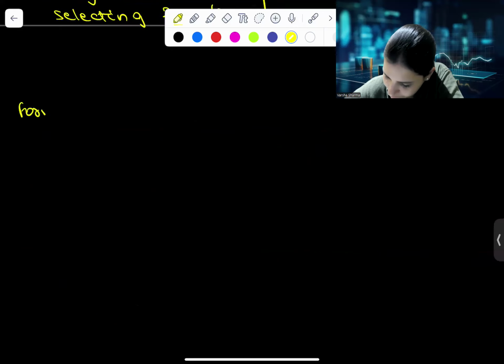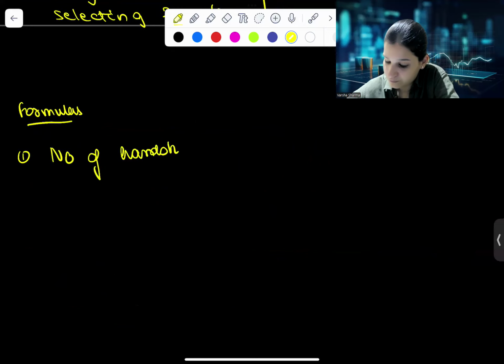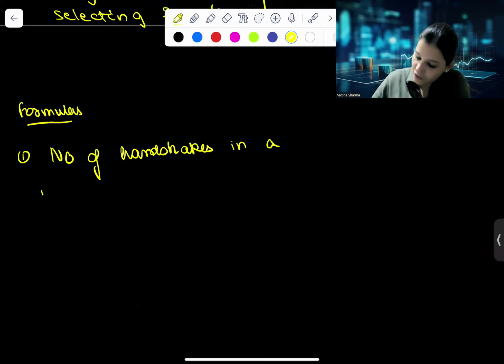So, formulas. First, the number of handshakes in a party of n people is NC2.